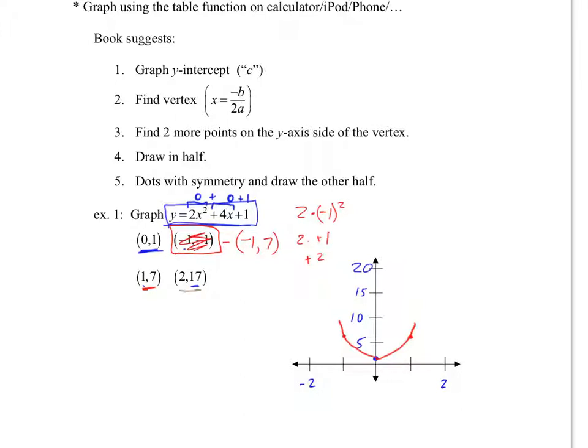All right, 2, 17, over 2 up 17, right around there-ish. And where is it going to be over here at -2? Yep, -2, 17 also. And so if I try to do that side, see how well I can make my curve.